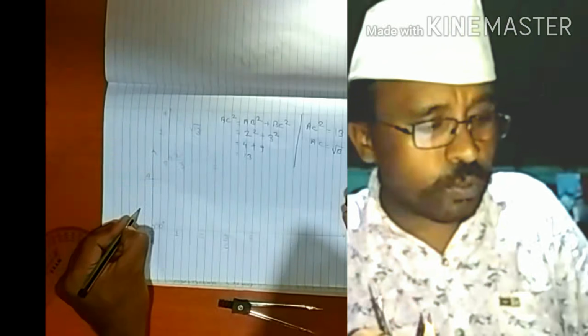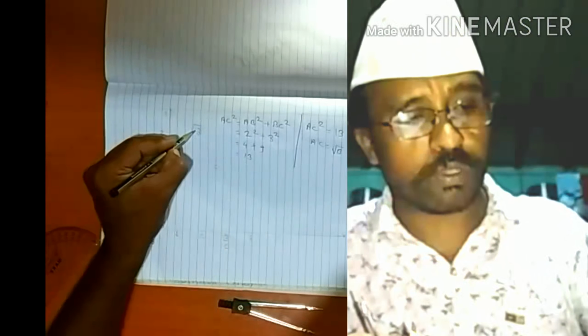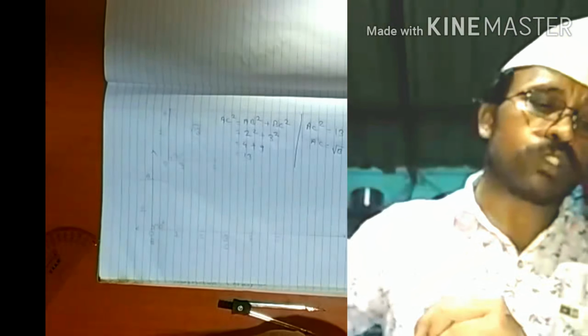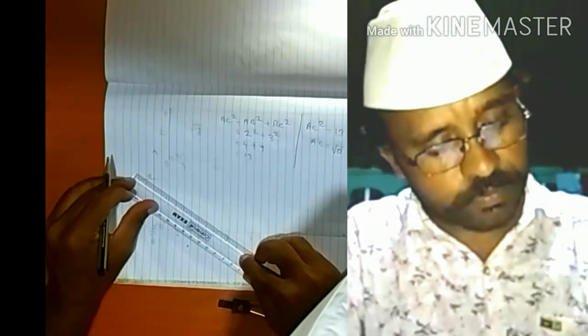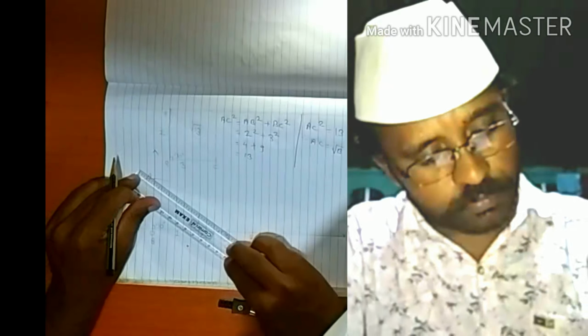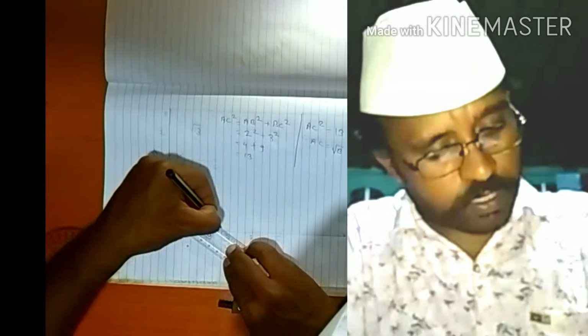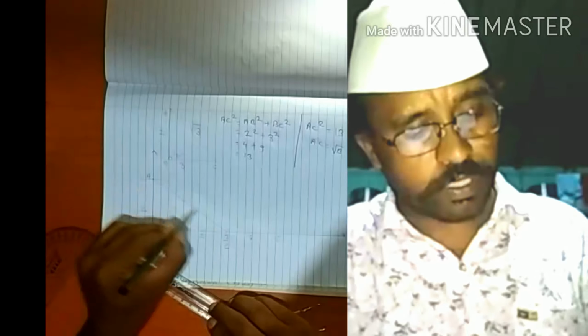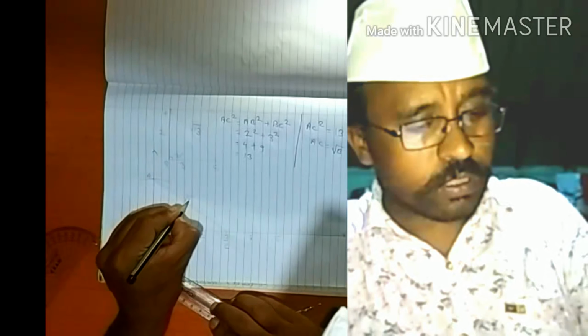A to B is 2 units, B to C is 3 units. So naturally A to C will be equal to root 13 units. So let's connect point A and C. After connecting A and C, you can say that distance between A to C is root 13 units.